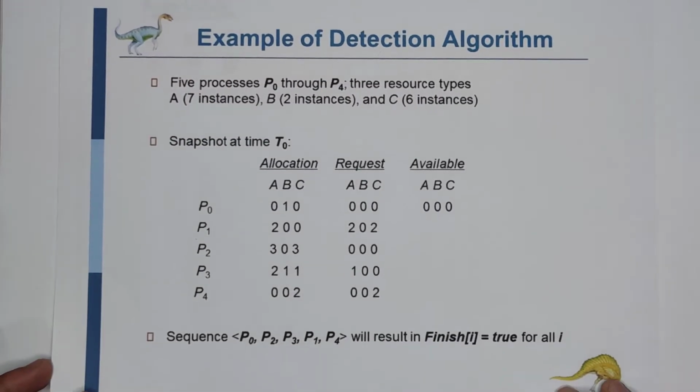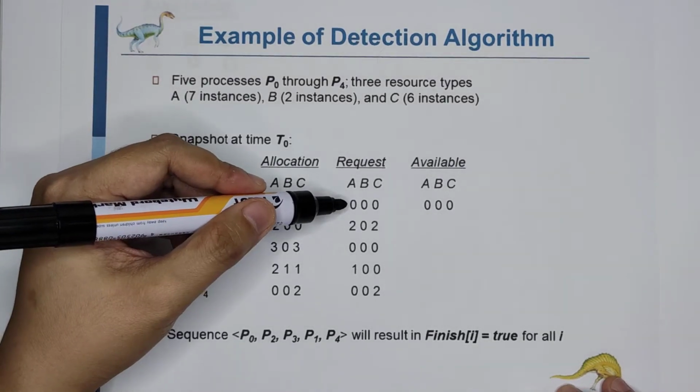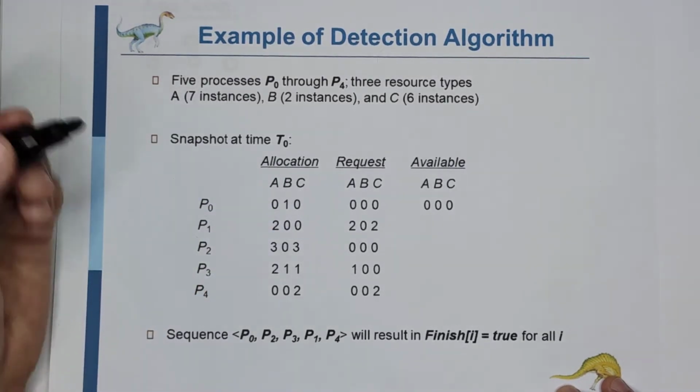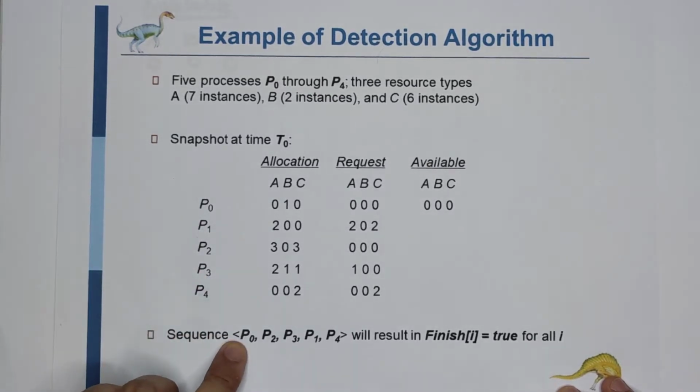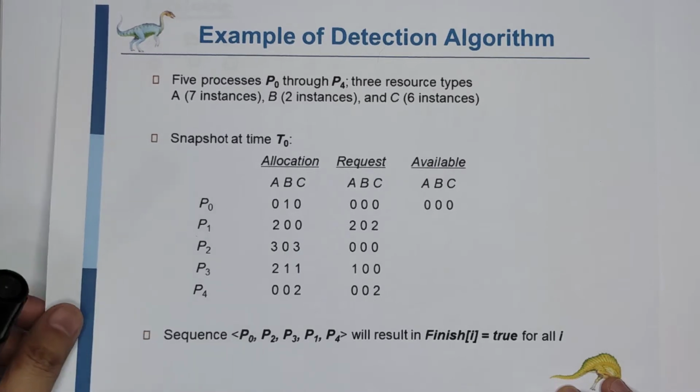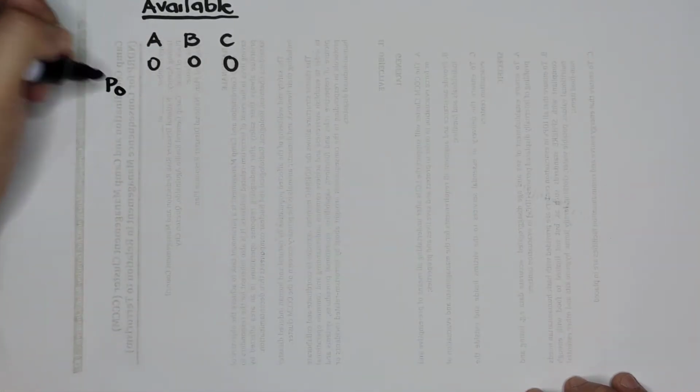Based on the given requests, which of them can be granted? For the sequence, we have P sub 0, so let's choose P sub 0. What is its request?